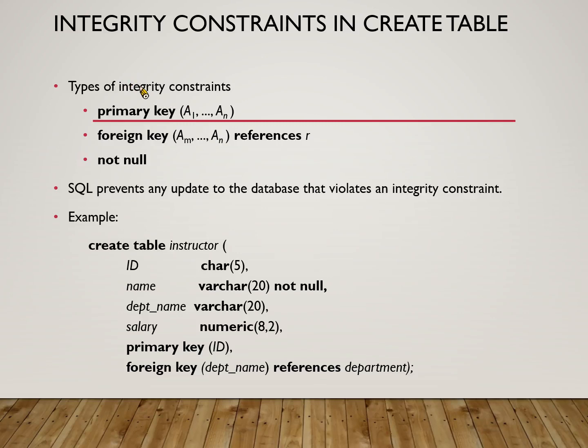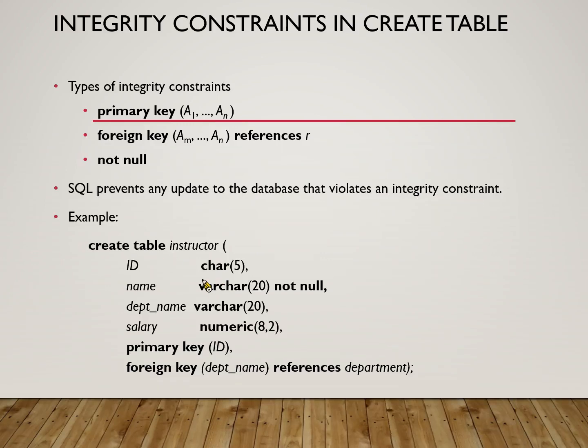In addition to the basic structure of a table, there are types of integrity constraints, including primary key, foreign key, and not null constraint. Through these integrity constraints, SQL can prevent any updates to the database that violate them.